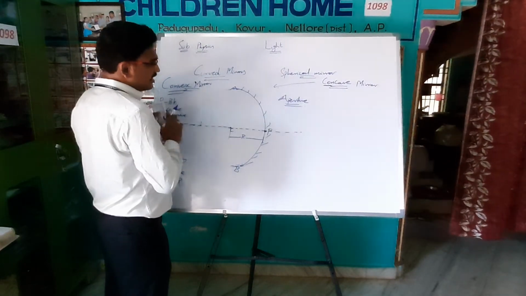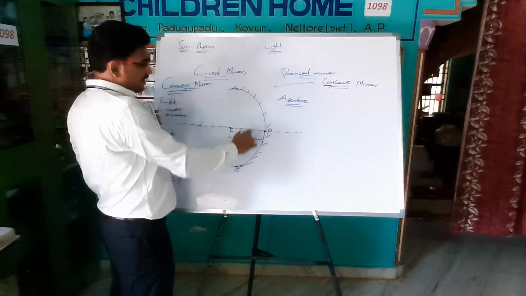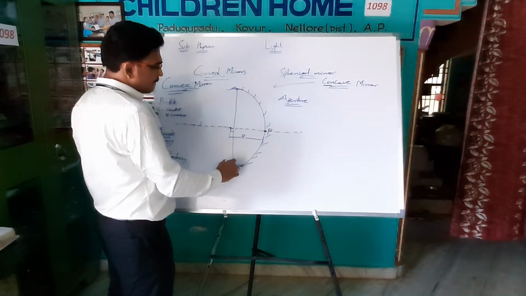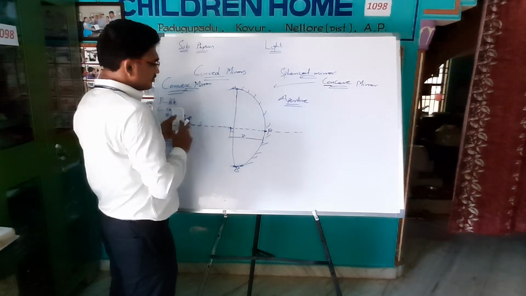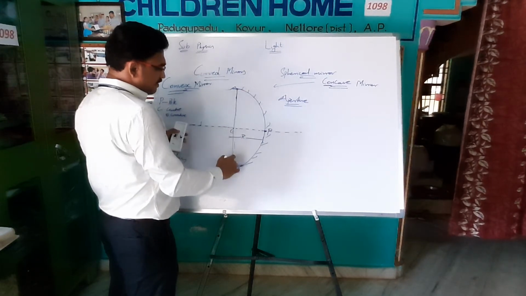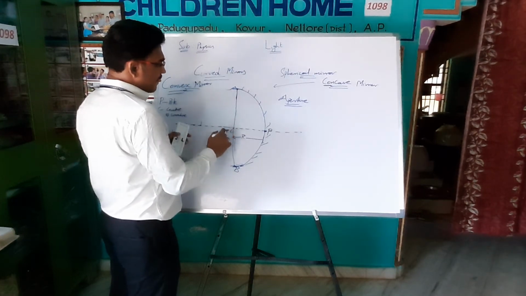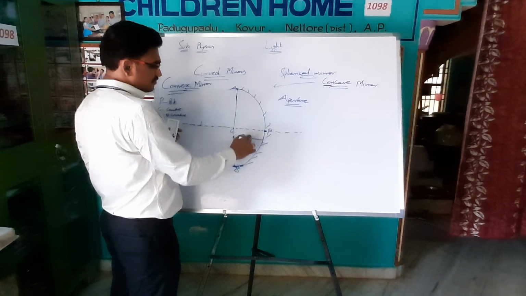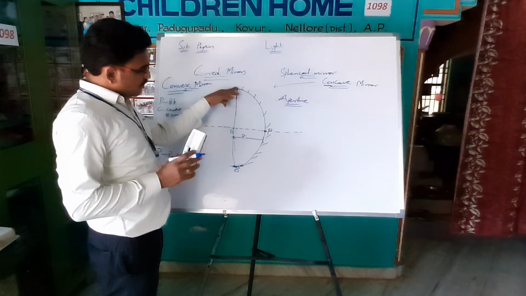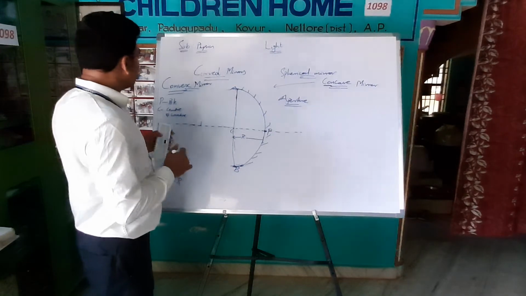One is A and another one is B. The distance from A to B, meaning the distance between the endpoints of the spherical mirror A and B, is called the aperture. This is what I can tell you.